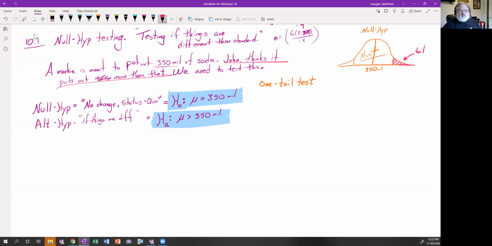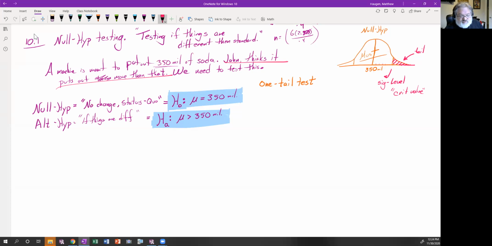Well, how much would convince you? That's one of the questions we have to answer in doing this testing: how far out into that tail does it have to be to convince us? And that's going to be based on our significance level. But that significance level should look a lot like a critical value, right?